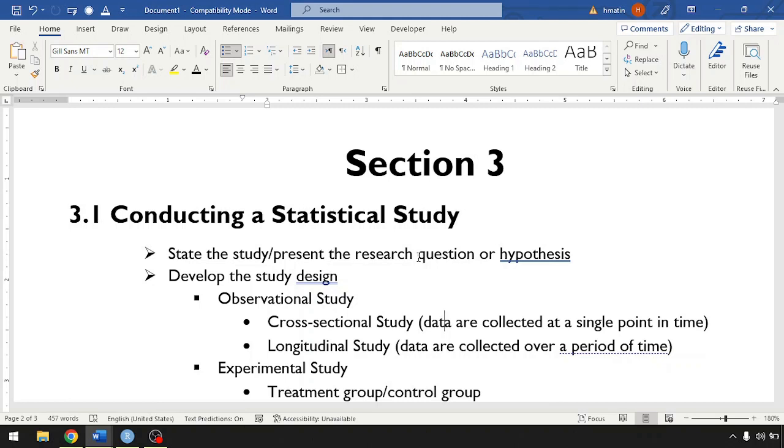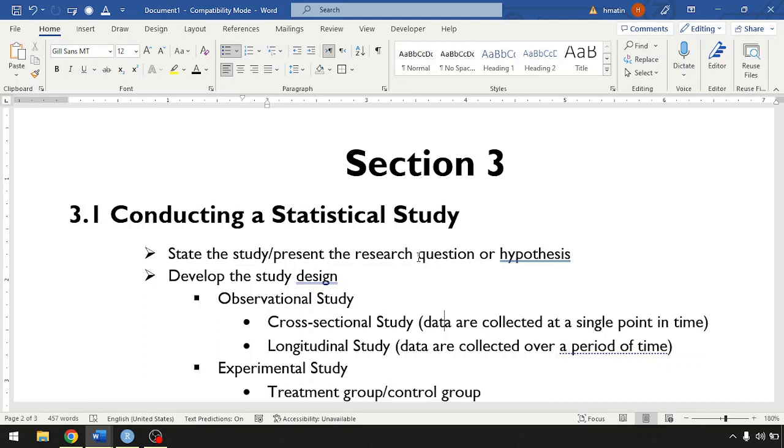A research question could be a statement to say, for example, if you decide to conduct a statistical study examining the relationship between unemployment rate and social prosperity or social well-being, then you would say in a research question at the beginning of the life cycle of your study that you are seeking to study the relationship between unemployment rate and social well-being.